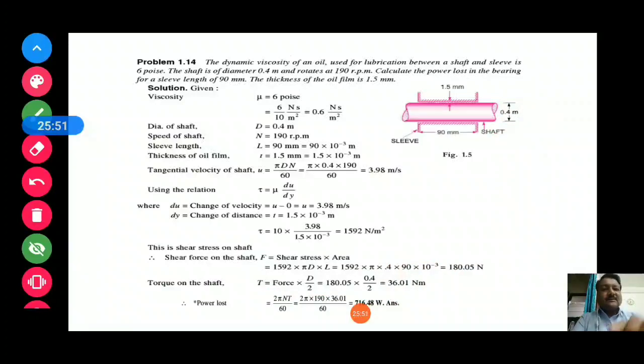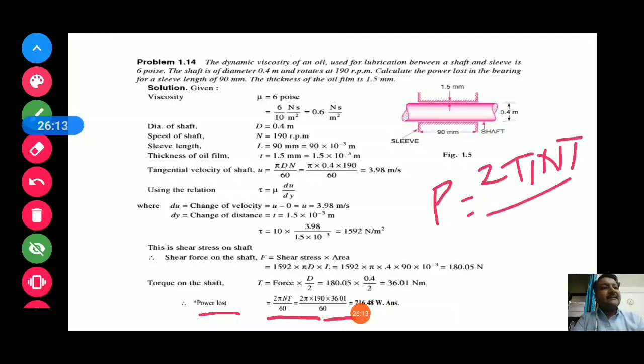Now next you have to find the power lost in overcoming the friction due to the oil. So the power lost due to the viscosity of the oil, that is the friction of the oil, is 2 pi nt by 60. Same formula, power is equal to 2 pi nt by 60.